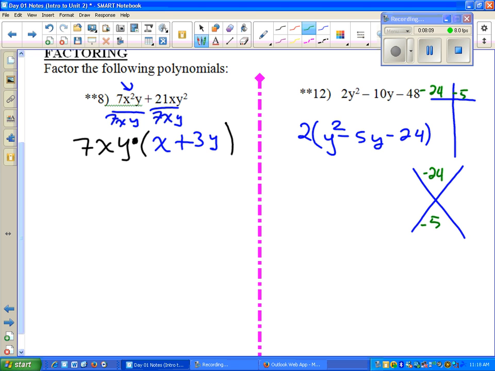Either way, you're asking the same question. If you need, list all the factors of negative 24. 1 and 24, 2 and 12, 3 and 8, 4 and 6.